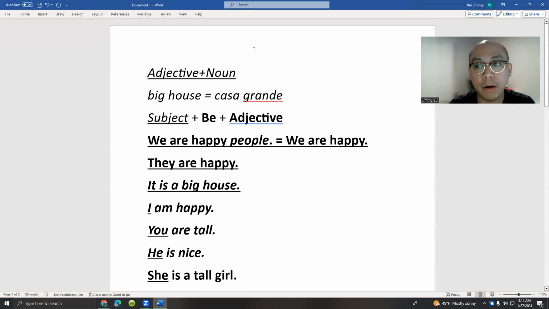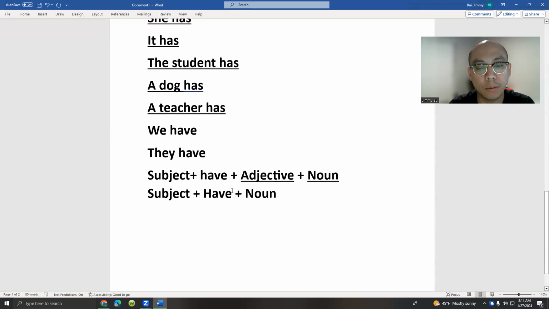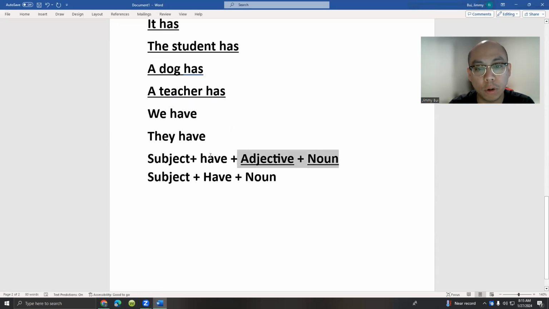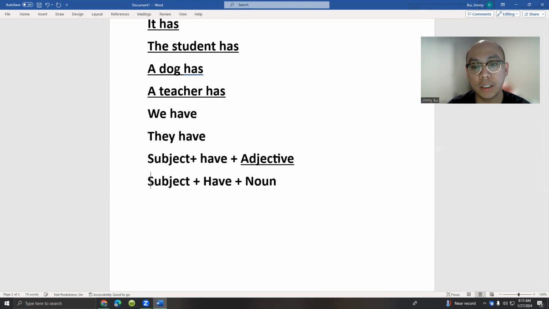Now, it is very important that we use this format if we have an adjective, because you cannot have an adjective just like that. You cannot have subject plus have plus adjective, because this adjective doesn't explain the subject. Okay, this adjective has to describe the object noun, which is after the verb have, right?